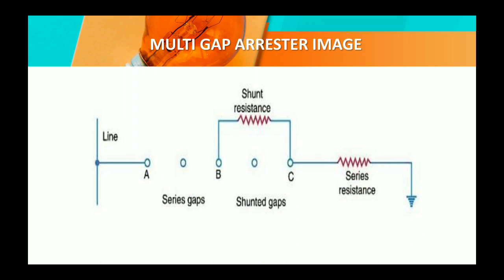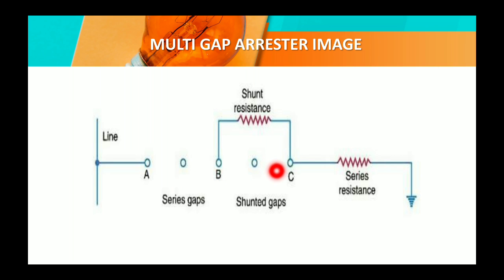So here you can see the multi-gap arrestor image. That is the line. These are A, B, C, the points or the cylinders. These are the gaps, multi-gap. Here is a gap, it is also a gap.